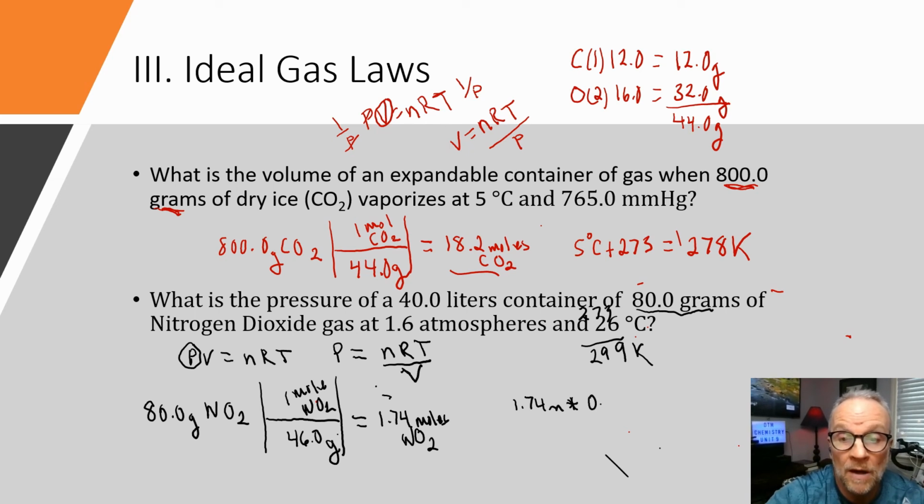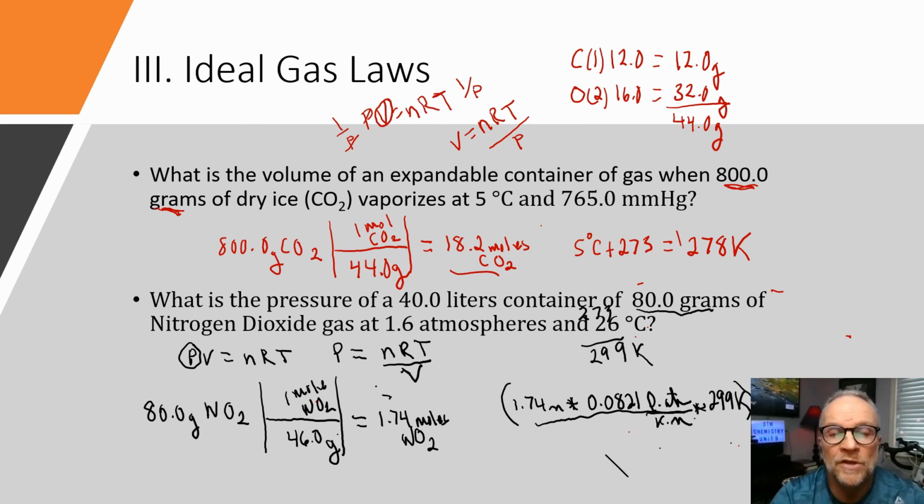Our gas law constant 0.0821 liters atmospheres per Kelvin mole times 299 K. Okay, so there's that. And then all that divided by our volume here, which is given to be 40 liters.